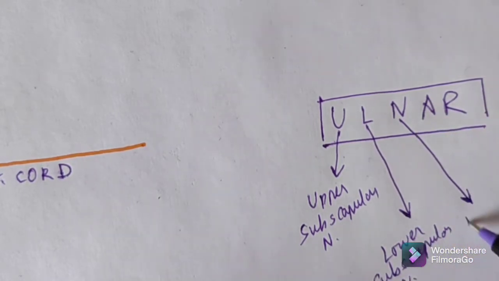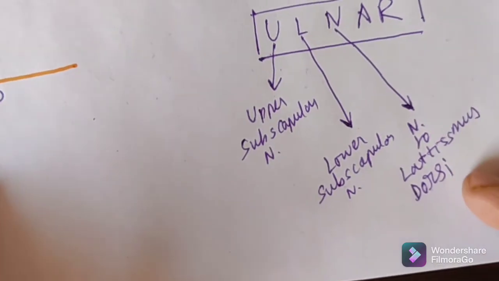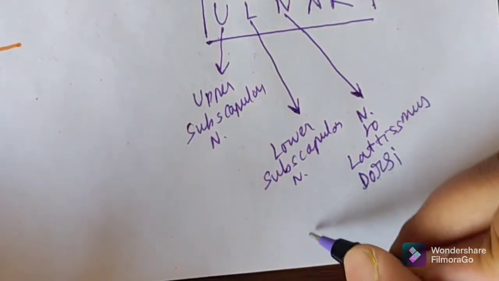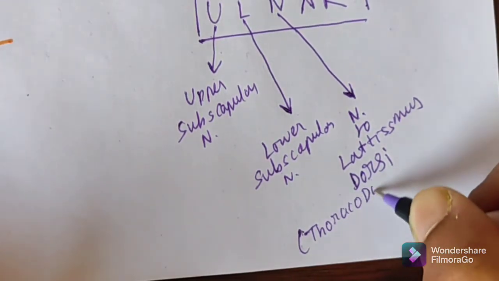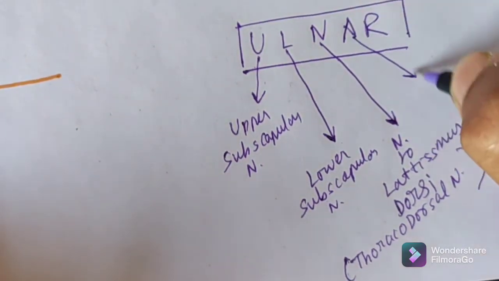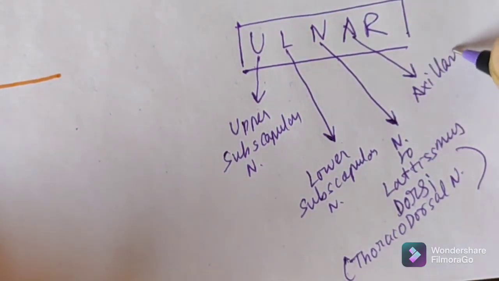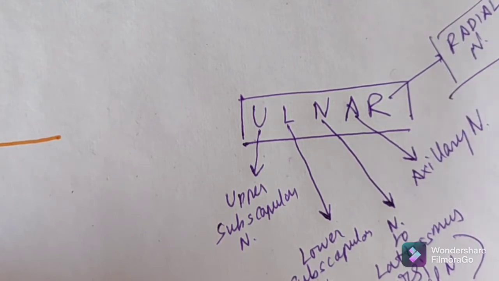N stands for nerve to latissimus dorsi. Okay. So this was nerve to latissimus dorsi, which is also known as the thoracodorsal nerve. A stands for the axillary nerve, and R stands for the radial nerve, which is the main branch.